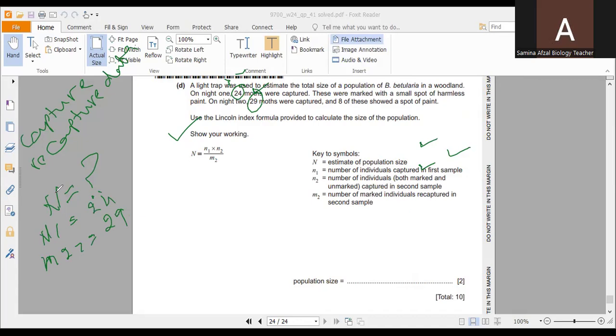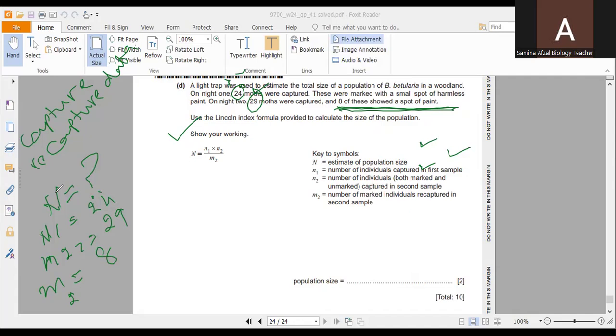And M2 is the number of marked individuals recaptured in the second sample. The 8 of these showed a spot of paint, so they were recaptured. So M2 is 8, marked moths recaptured on night 2.